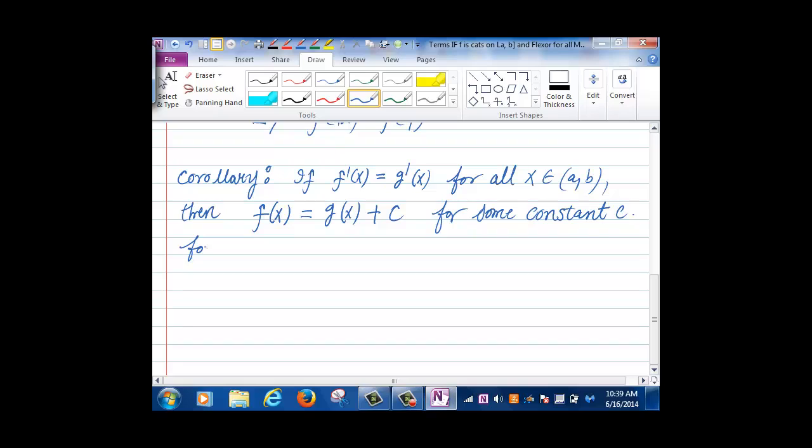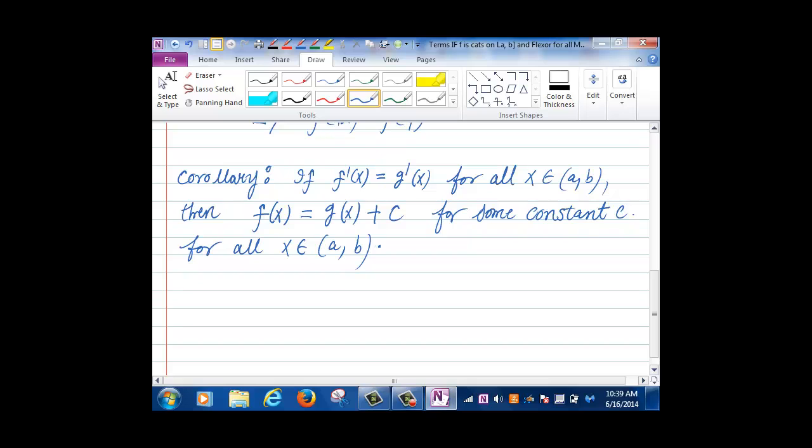And this I should say for all x in (a, b), okay? So if two functions have the same derivatives over an interval from a to b, then they only differ by a constant, okay?